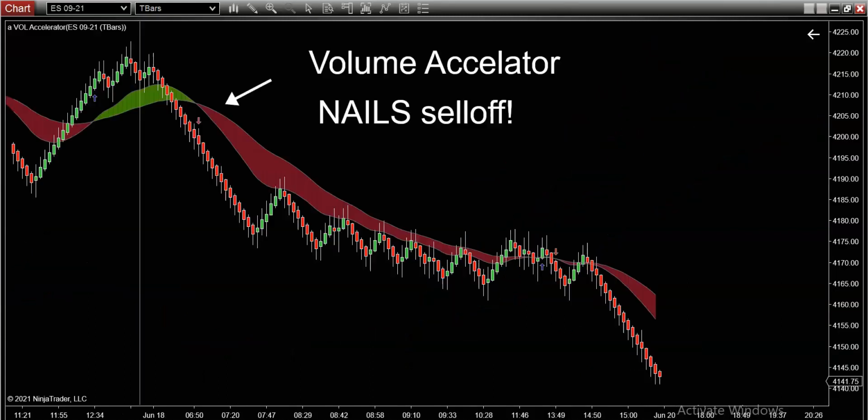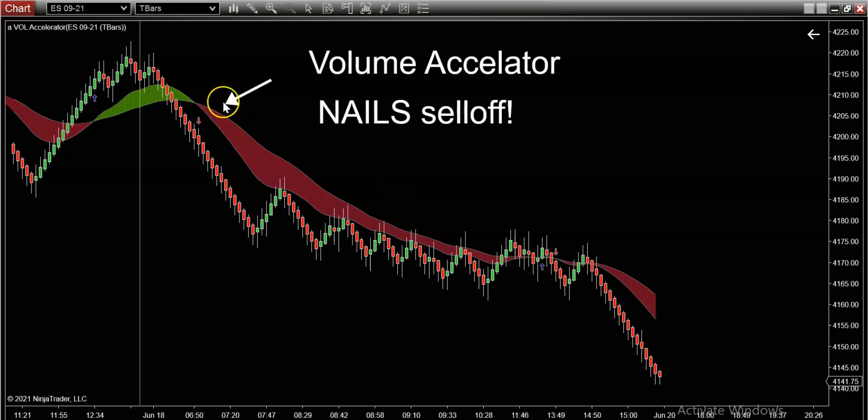Make sense? Now, how about a short example, right? What does a sell-off look like on the volume accelerator, and how does the volume accelerator predict the starting point of a trend? Well, here you go, guys. All right, this is a chart of the S&P 500, aka the SPY. Many of you guys out there, I know you're following the SPY. And this is how the volume looked on a beautiful sell-off, right?